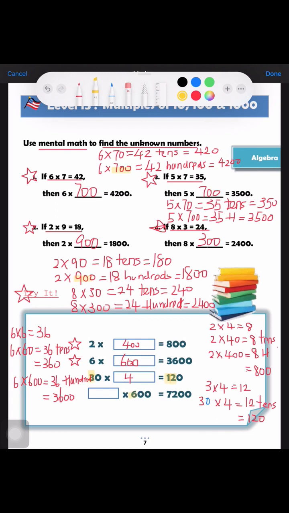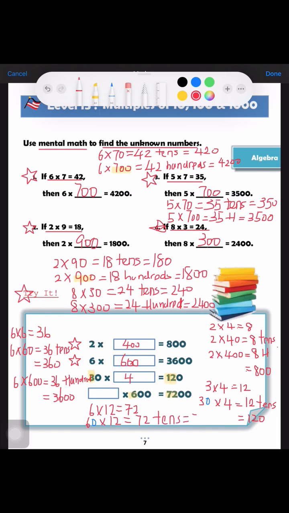So the last question is, which number times 600 equals 7,200? So we need to think about the basic fact first. Which number times 6 equals 72? Yes, it's 12. 6 times 12 equals 72. So 60 times 12 equals 72 tens.